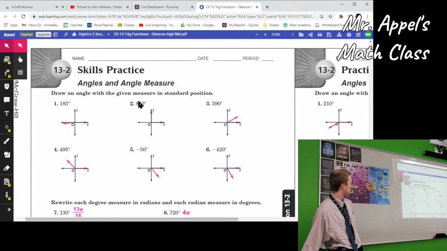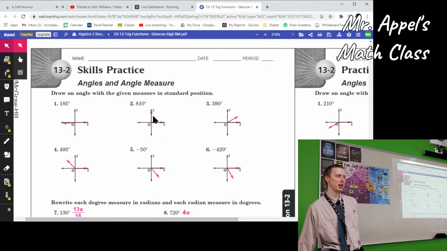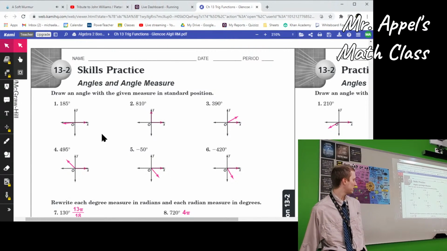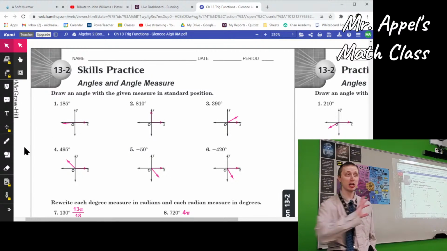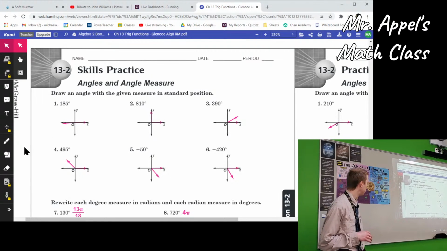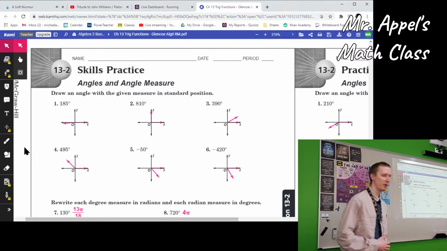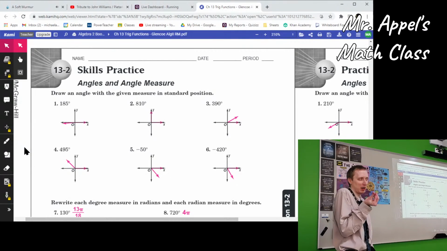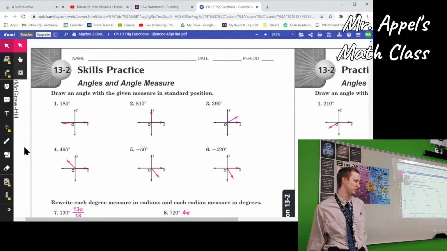And 810 lands exactly on the axis, so I would expect your arrows to be exactly on the axis. 185, not so much. Again, I told you how precise it needs to be. But you can also use a little bit of common sense and be like, oh wait, I know where 180 is. This is barely a smidge over that, right? So it's reasonable to have an estimate that looks closer to this than it does to this.